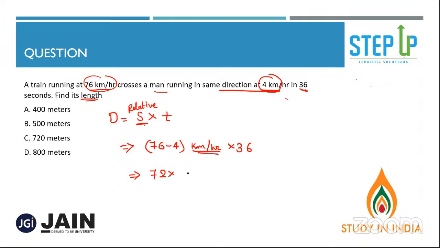What should I multiply here? 72 into 5 by 18, right? Kilometer per hour, I'm converting into meter per second, into 36. So now I can do 18 ones are 18, 18 twos are 36, 5 into 2 is 10, 720 meter is the answer.